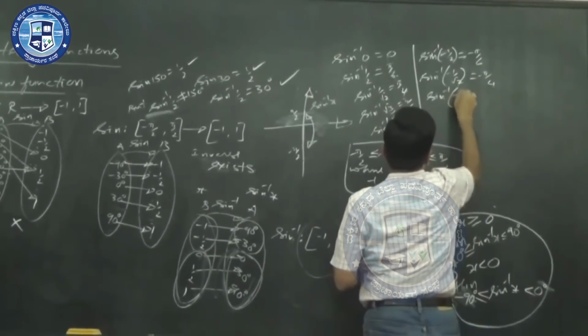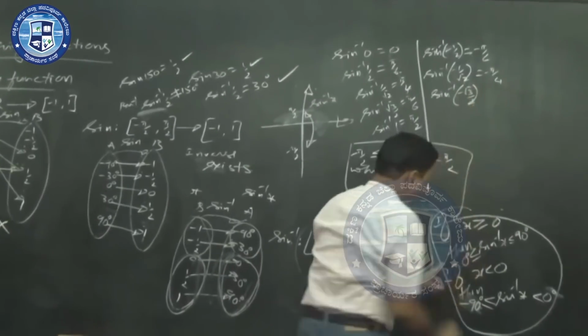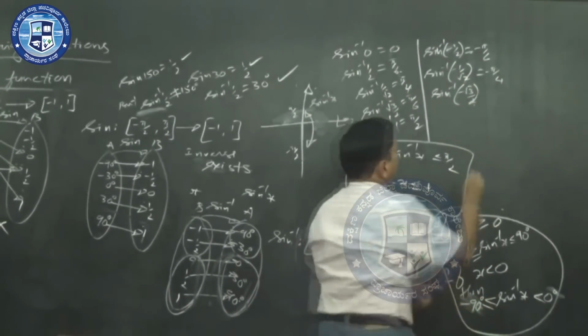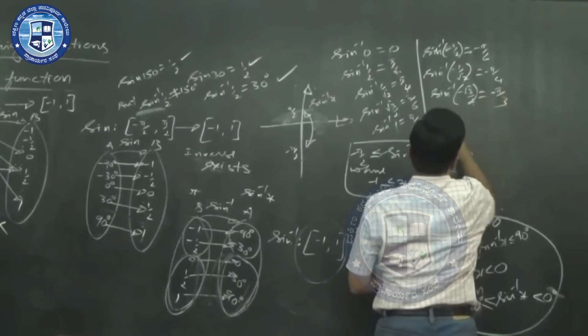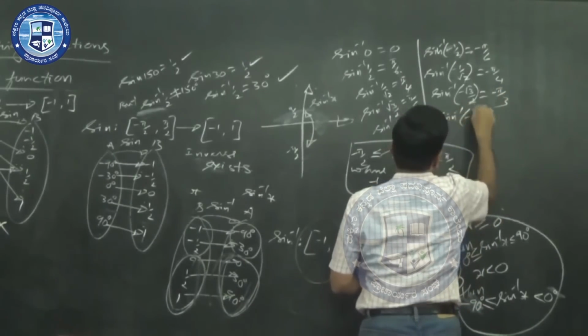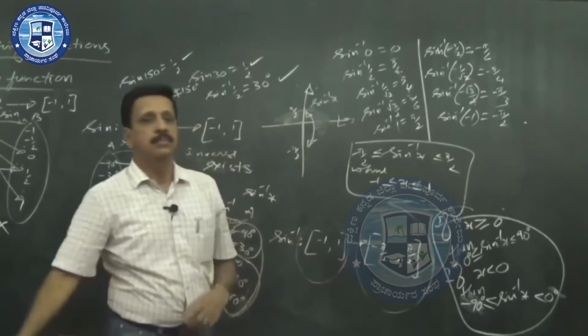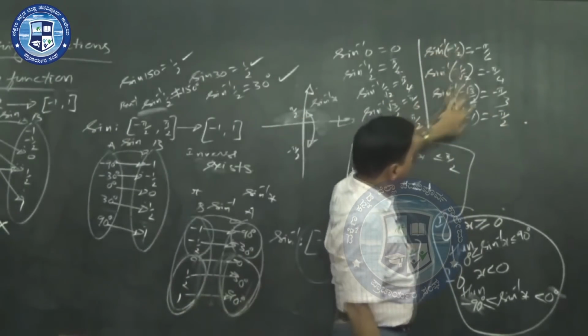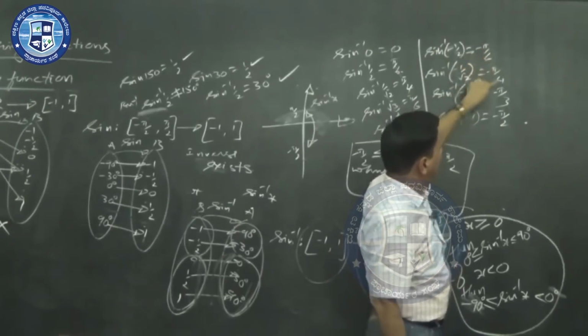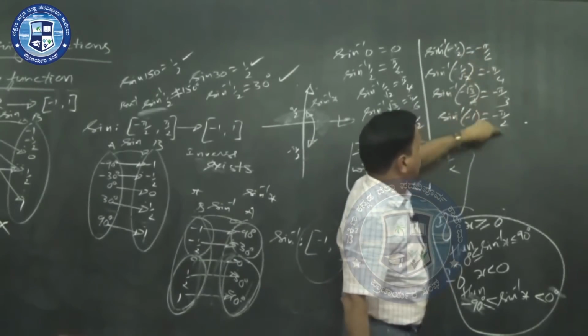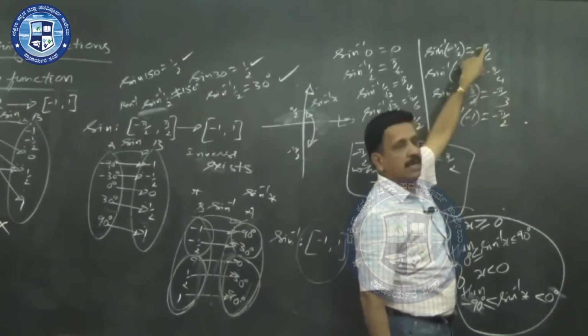Sine inverse of minus root 3 by 2, that's equal to minus pi by 3. Sine inverse of minus 1 is equal to minus pi by 2. Say x values are all negative and sine inverse x is an angle in the fourth quadrant, between 0 and minus 90.